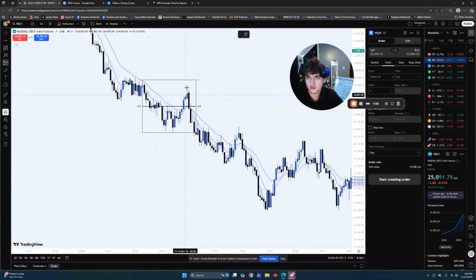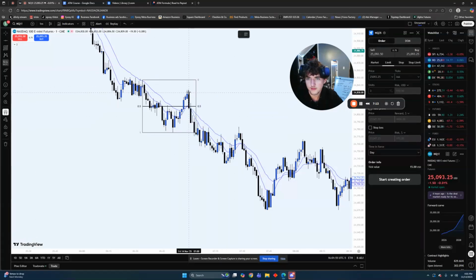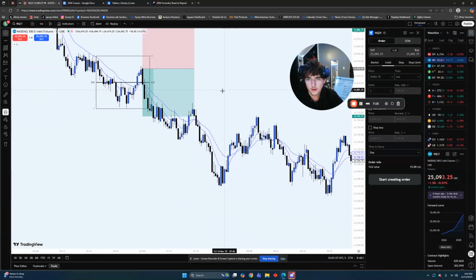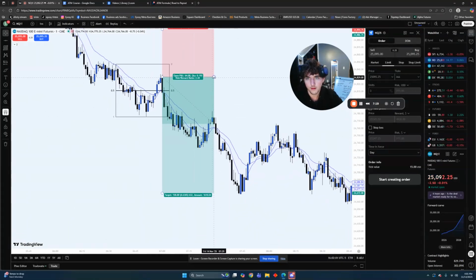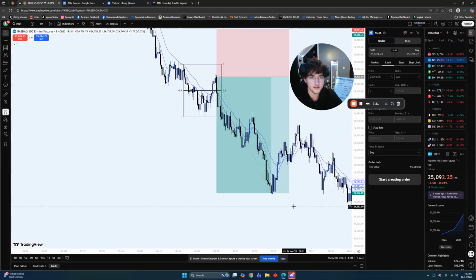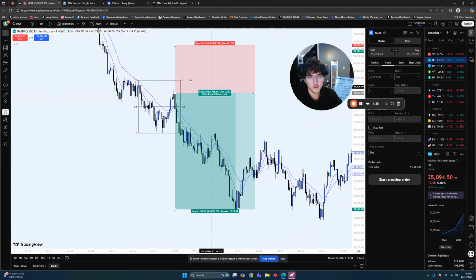So if you take this short up here, look how much less of a stop loss you need, right? You literally don't need anything. I mean, obviously you're going to have a stop loss, and you can target whatever you want, however big of a trade you want. Obviously target some sort of liquidity, fair value gaps, untapped fair value gaps on different times.